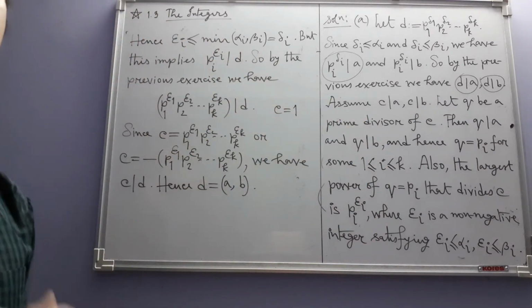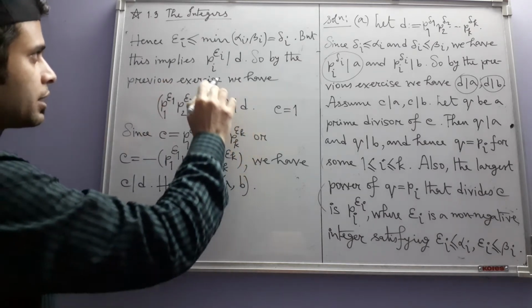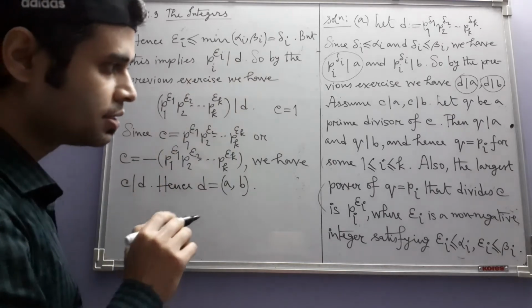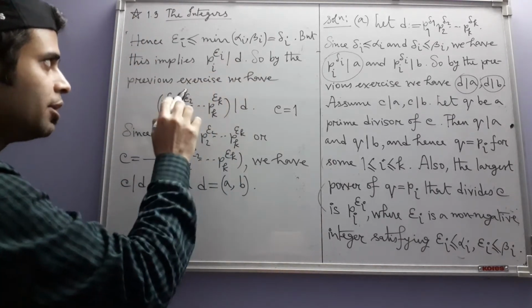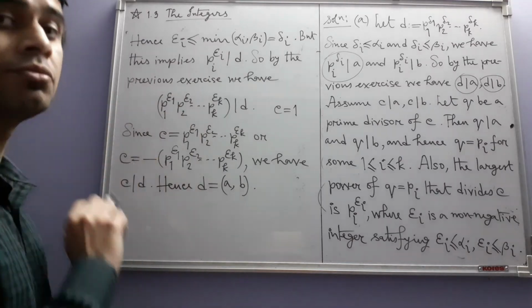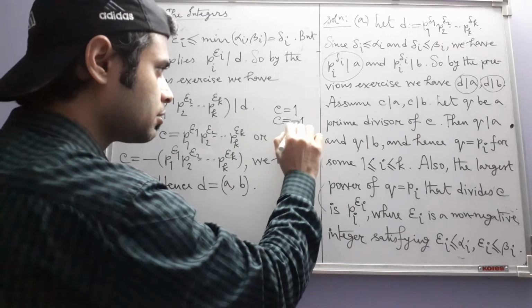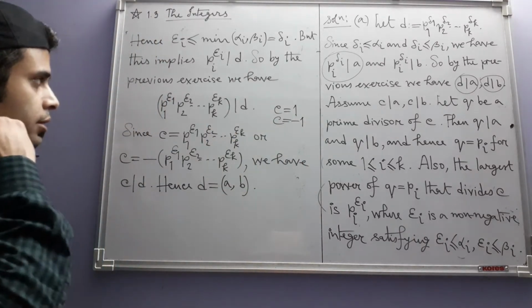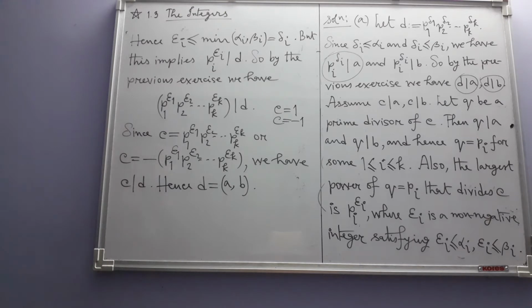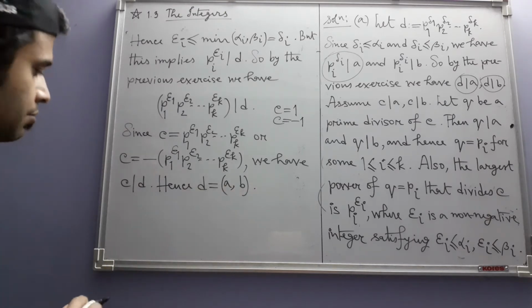In that case, this is vacuously true. And to account for that fact, epsilon is a non-negative integer. In that case, epsilon I will be 0 for every I. The same is the case when C is equal to -1. So we have actually accounted for everything. So this completes the proof of the first subdivision.